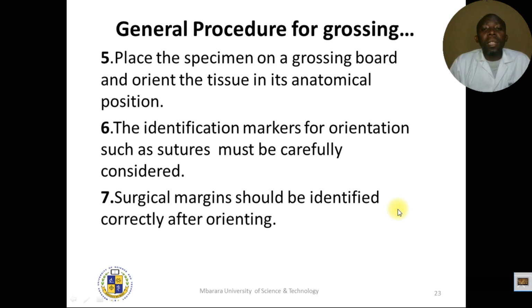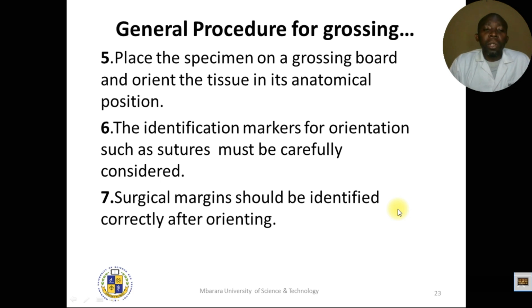Number 6, the identification markers for orientation, such as the sutures, must be carefully considered. Look carefully at these sutures. Are they short? Are they small? If it is long, in most cases, this will be pointing at the lateral side, and if it is short, in most cases it will be identifying the superior margin of the breast.